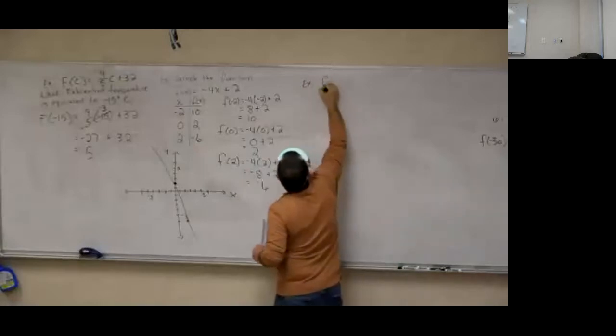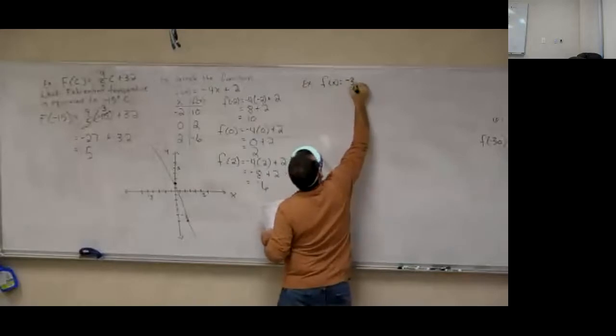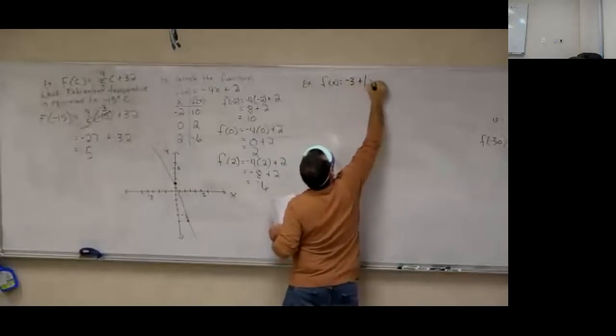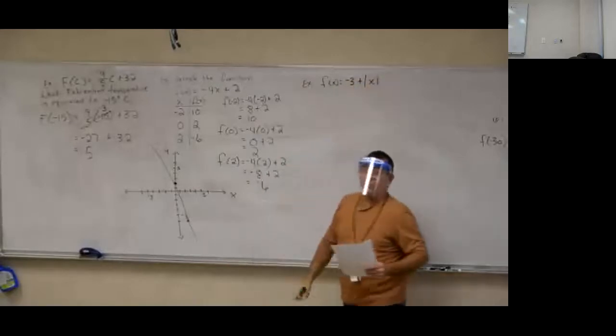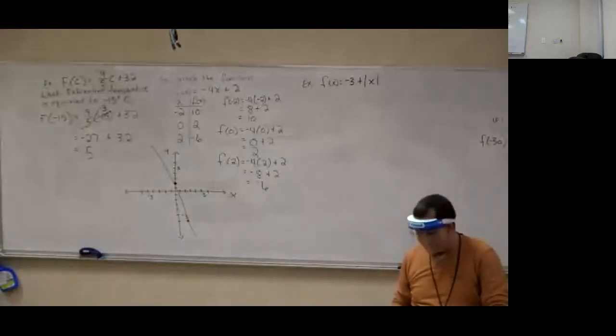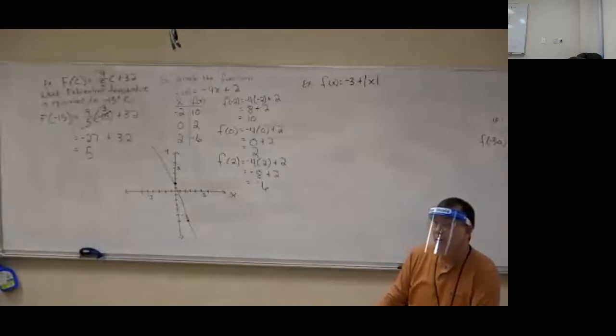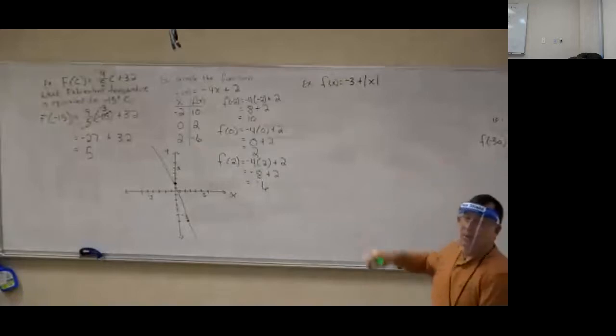All right, f of x equals negative 3 plus absolute value of x. Now, I sent out a video the other day doing some of these problems in the calculator and in MATLAB. I showed you how to get the absolute values on that, okay?